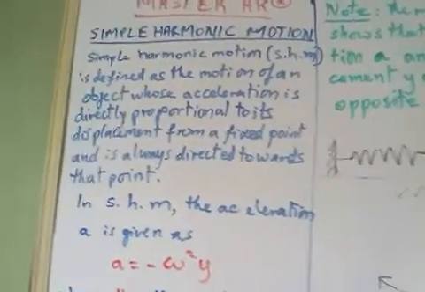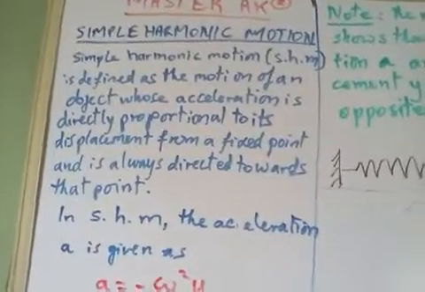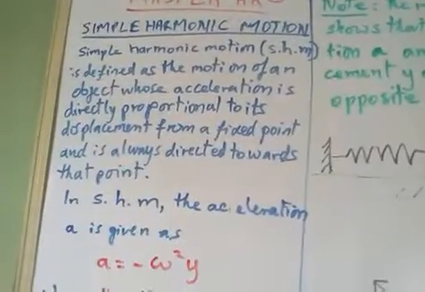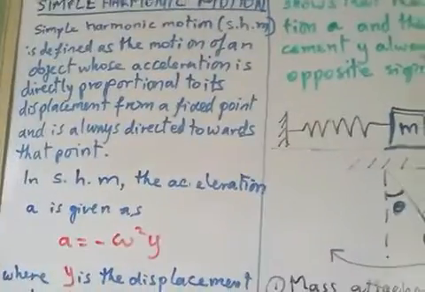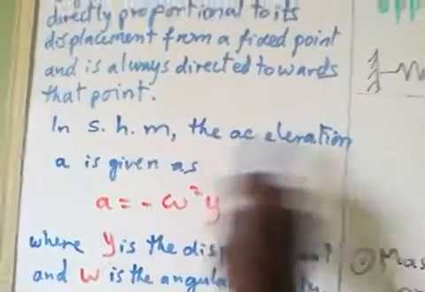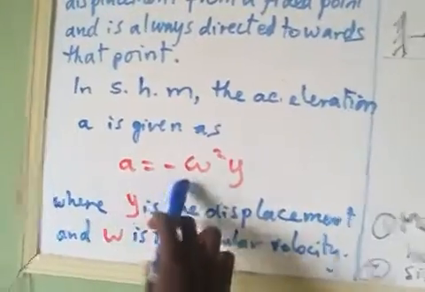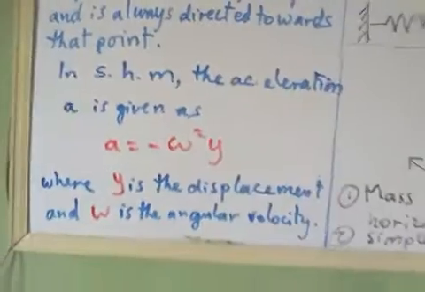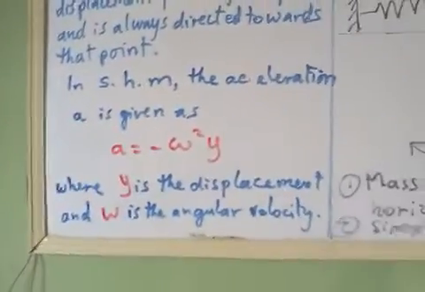The first thing about simple harmonic motion is that the acceleration is directly proportional to the displacement from the fixed point. So in a simple harmonic motion, the acceleration is given as a = -w²y, where y is the displacement and w is the angular velocity.